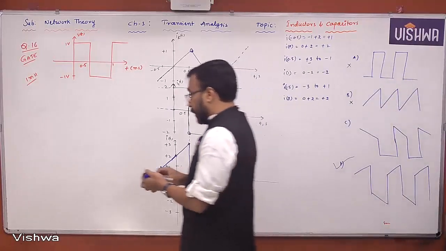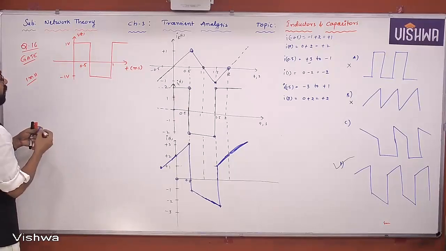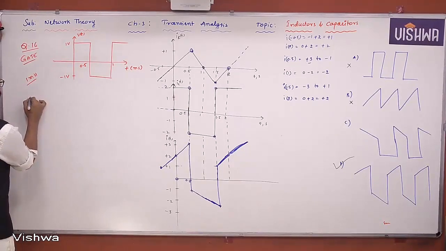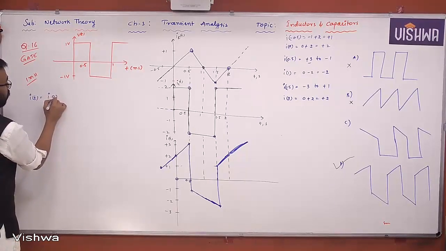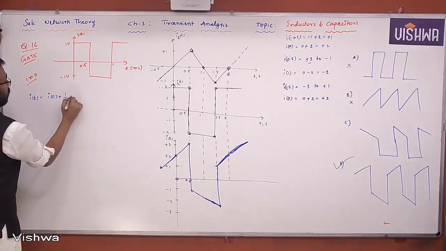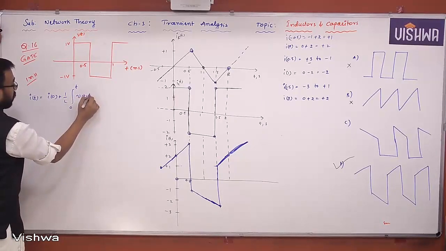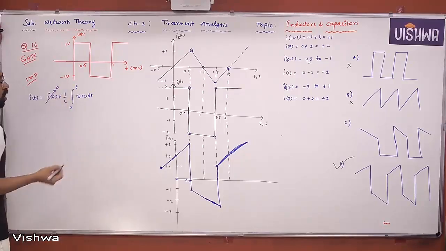So let us try to answer it easily. What is actually when voltage is given and we need to find current through the inductor, what is the formula that we have? Current through the inductor is I of 0 plus 1 by L integral 0 to t V of t dt. This is actually 0 because he did not mention anything about the initial current.